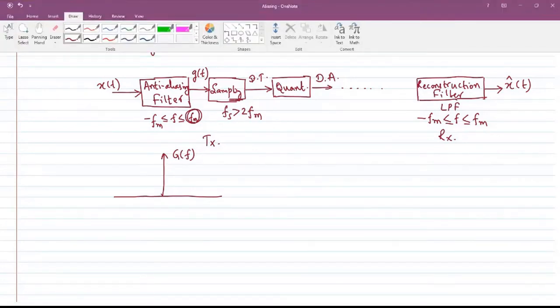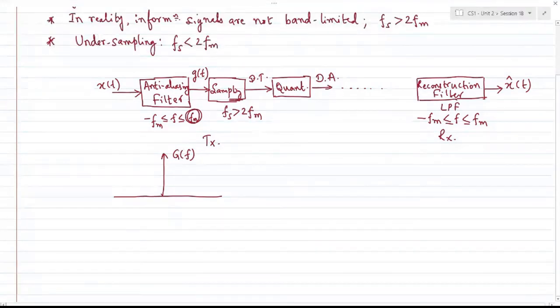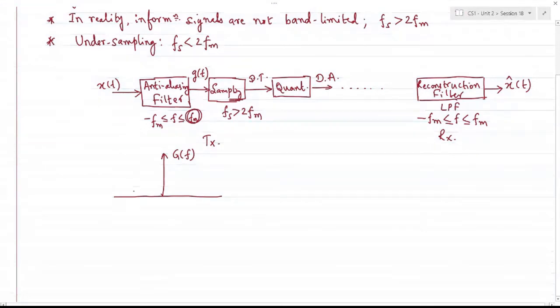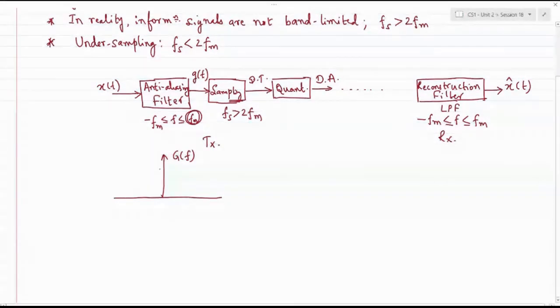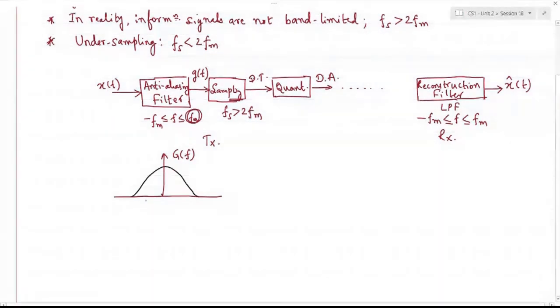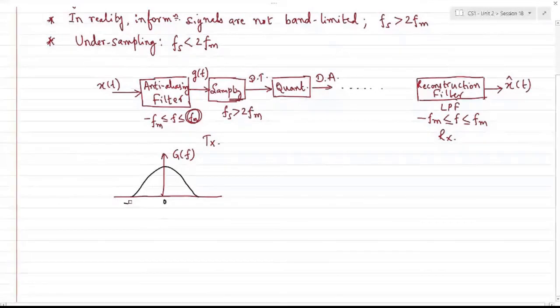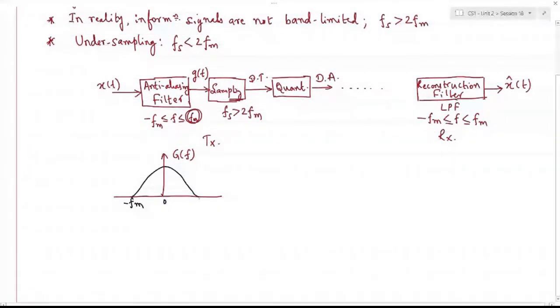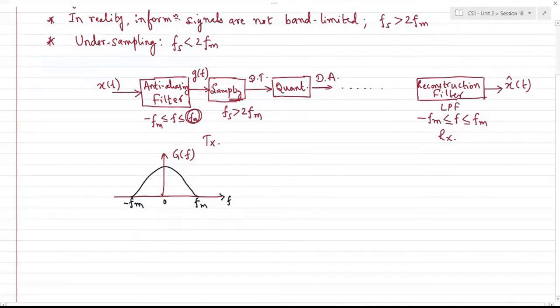Hence the frequency spectrum of g of t will look something like this, where it will not have any value beyond minus FM to FM. This is the frequency spectrum at the input of the sampling block.